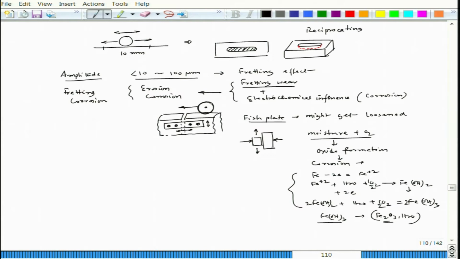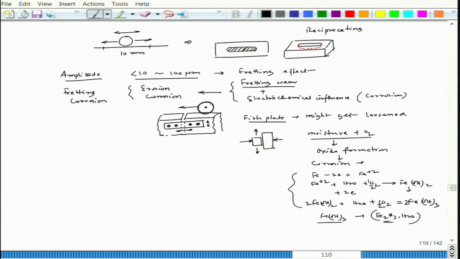On top of that, both the metals are iron in the case of fish plates, and because of the relative fretting action under stress, that oxide layer would get knocked off. So, the fresh surface is exposed.